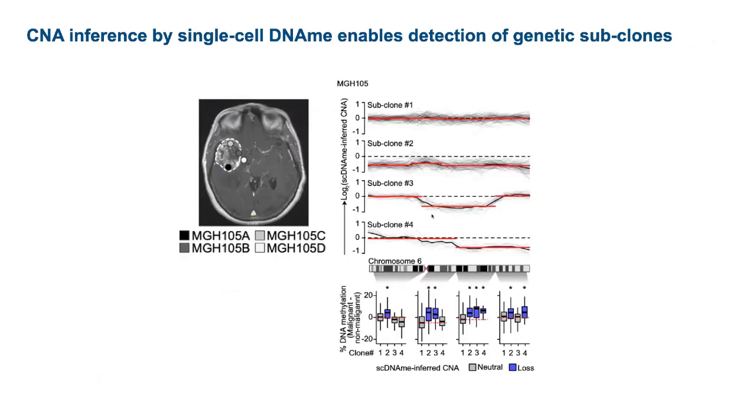And this approach also allows us to understand genetic heterogeneity. For example, we identify 4 genetic subclones marked by either complete or partial chromosome 6 loss in different spatial regions of the same tumor. They were also associated with different level of DNA methylation compared to non-malignant cells.